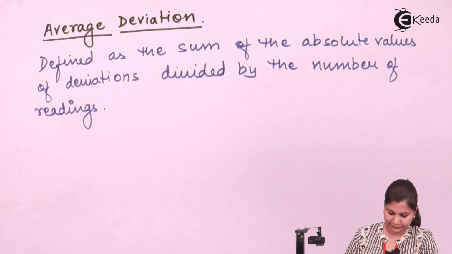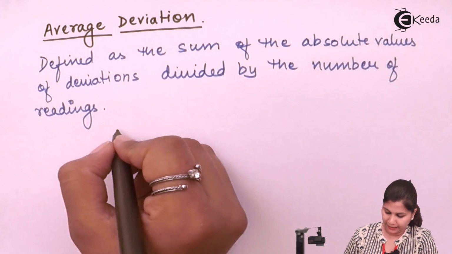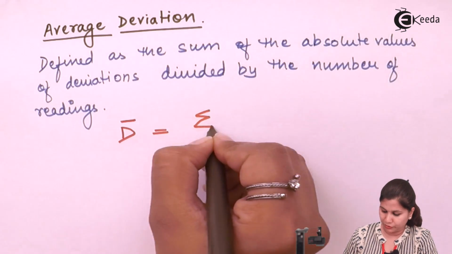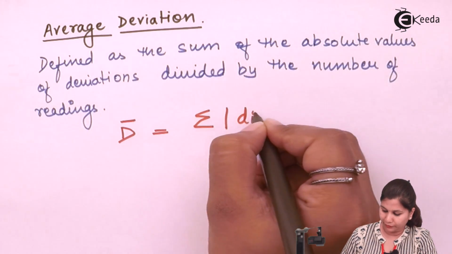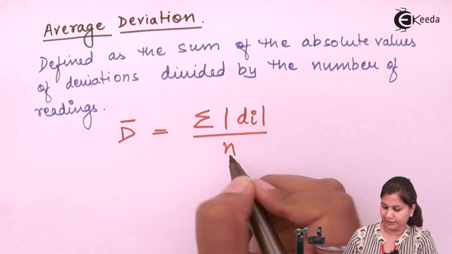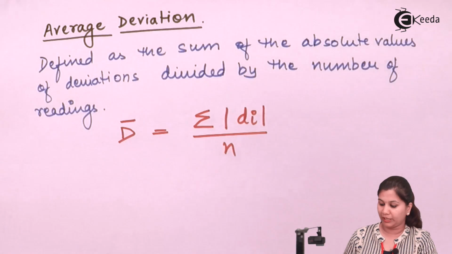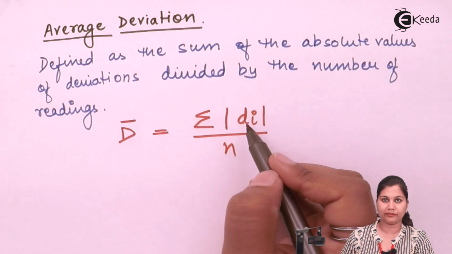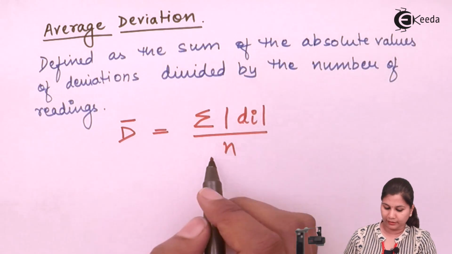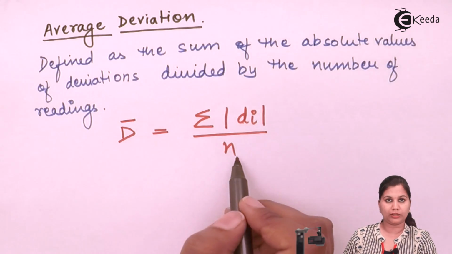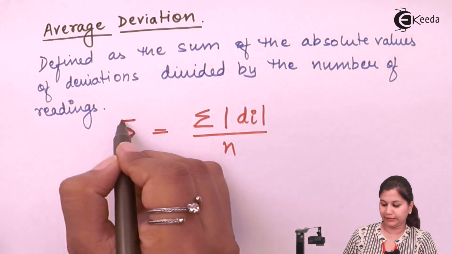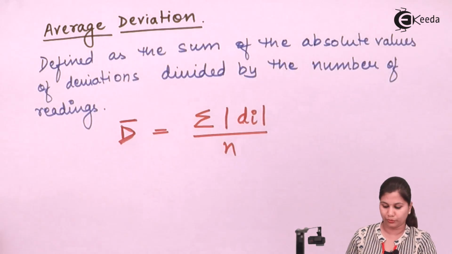Mathematically we can write its formula as D bar equals the summation of the absolute values of all the deviations divided by the number of readings, that is N. Di is the deviation for the ith reading. We take the sum of it and divide it by the total number of readings, so we get the average deviation, capital D with a bar over it.